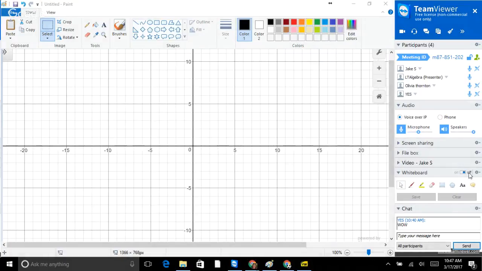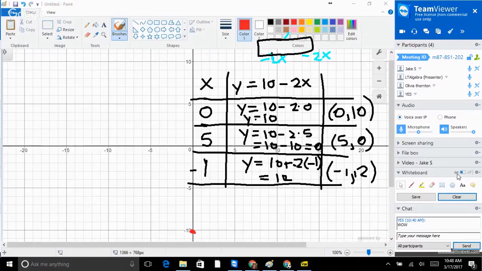Okay, so when x equals 0, y equals negative 10. So this would be my point down here. Is that what I said it was, or is it positive 10? No, positive 10.